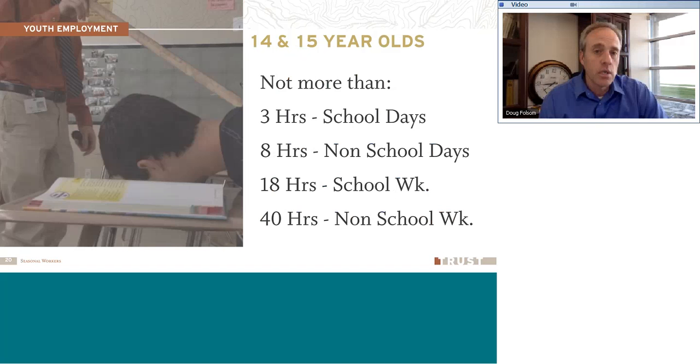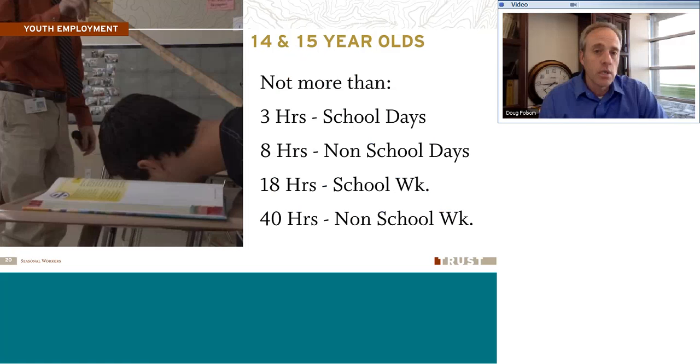Also, if it's a school week, that 14 or 15-year-old can work up to 18 hours in the week. During the summer or during non-school weeks, then your 14 and 15-year-olds can work up to 40 hours, but not more than 40 hours. So there's no overtime allowed for 14 and 15-year-olds.